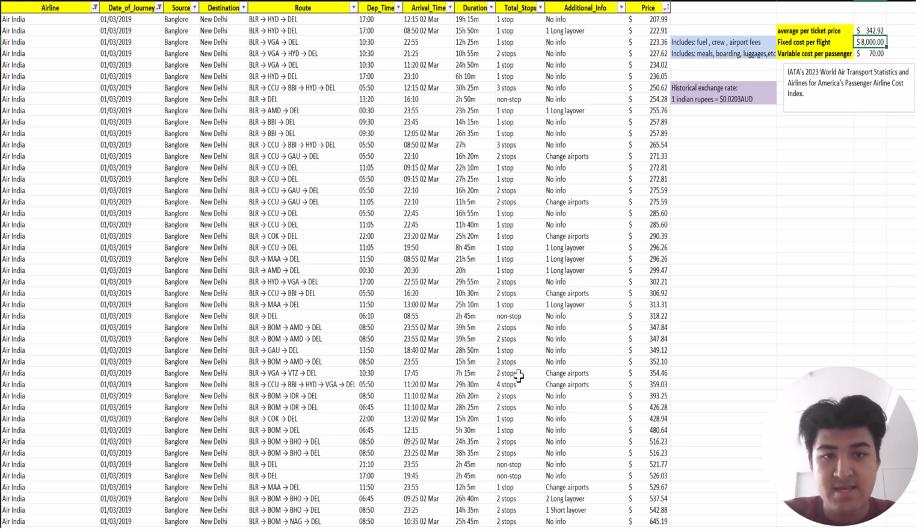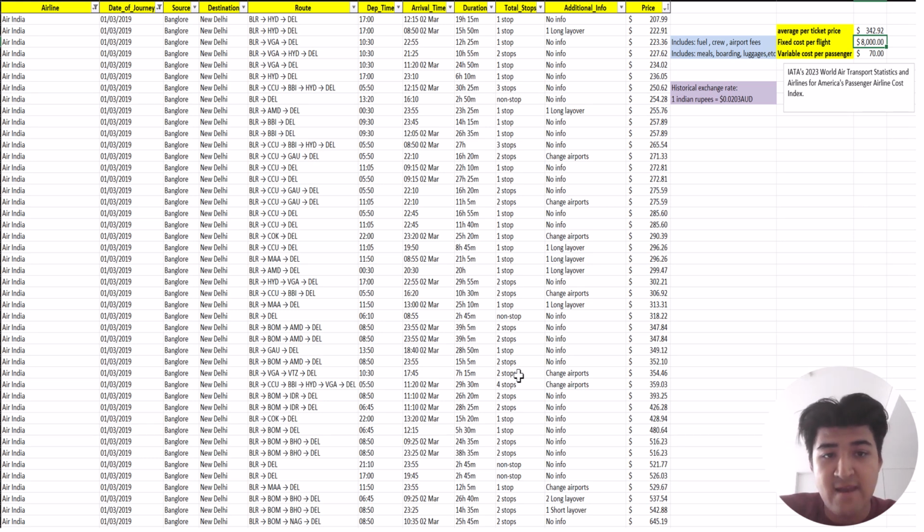Now, since the data set didn't include cost data, I referred to global airline industry reports to build realistic assumptions. Based on the IATA's 2023 World Air Transport Statistics and Airlines for America's Passenger Airline Cost Index, I estimated fixed cost per flight equals 8,000 Australian dollars and variable cost per passenger equals 70 Australian dollars.